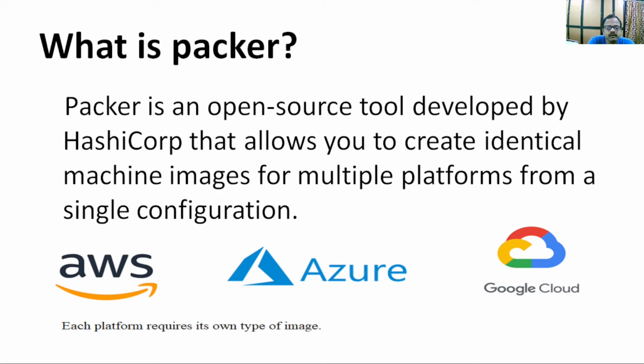How? Whatever workloads are running on AWS, we can take that image as a base image, and we can create an image for Azure and an image for GCP as well with the same configurations. The moment we have done it, we can seamlessly run our workloads across multiple cloud providers without any issue. So this is the idea of Packer.